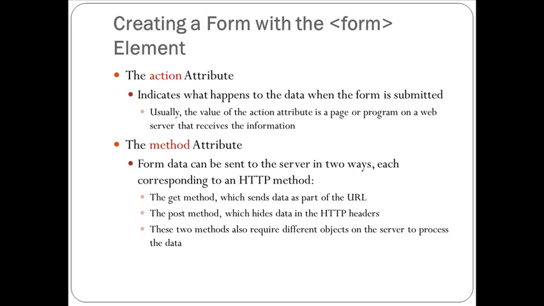You would actually see it in the URL as it was being sent. All the name value pairs would appear. The post method, method equals post, hides the data in the HTTP headers. So it sends all the name value pairs within the header itself and they're not exposed through the URL.